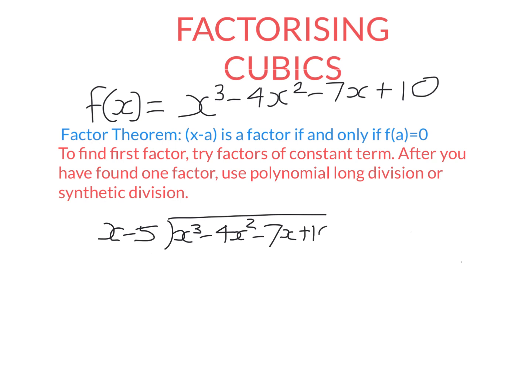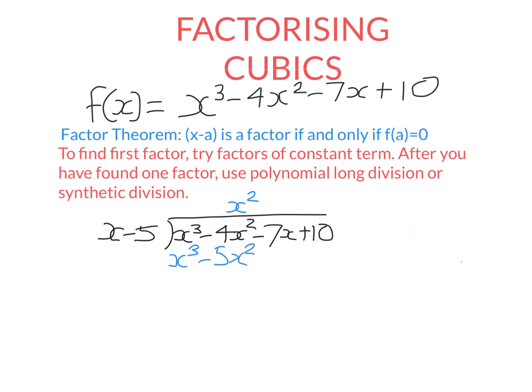Now you start by dividing the leading term into the leading term. How many times does x go into x cubed? Or if you like, x cubed divided by x. So x cubed divided by x is x squared. So when you get a term up here, you need to multiply it by this. So we go x squared times x, and x squared times minus 5.